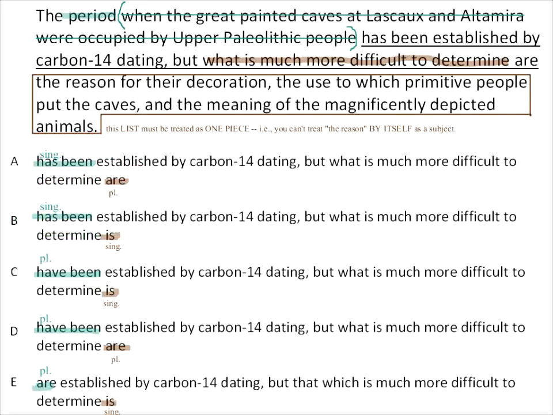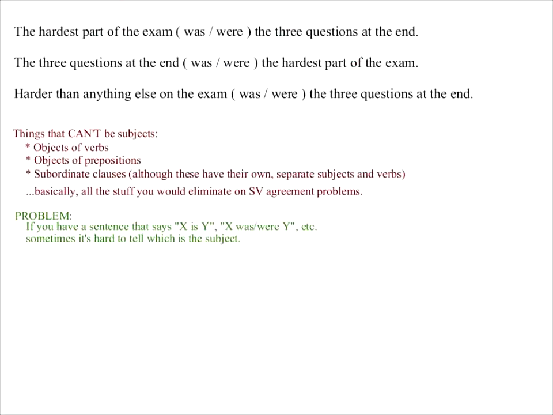For example, in the previous problem, the majority of you misidentified the subject of this. Because we have what is much more difficult to determine is blah, blah, blah. And a lot of you, if not most of you, thought blah, blah, blah was the subject. So here's the rule. The solution is surprisingly simple, actually. It's kind of cool. If anything before the verb can be the subject, then that's the subject.